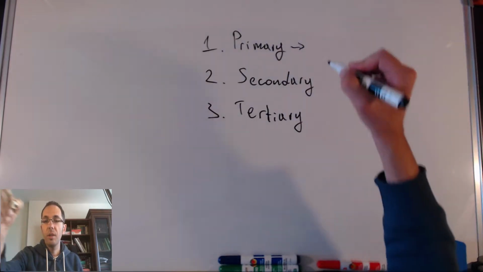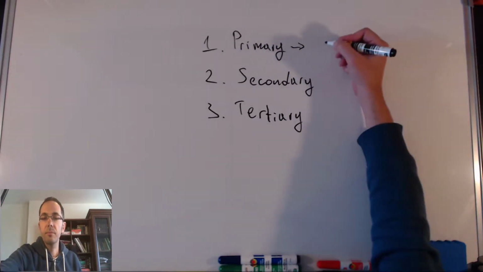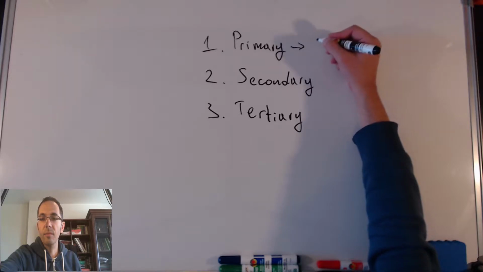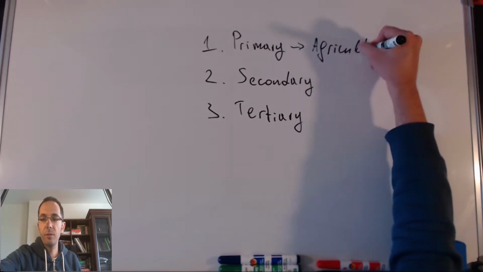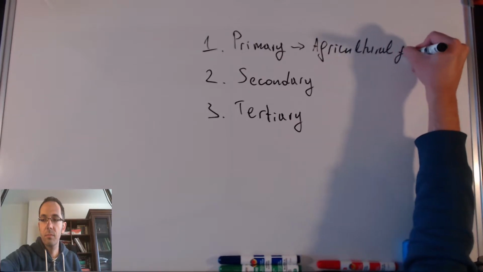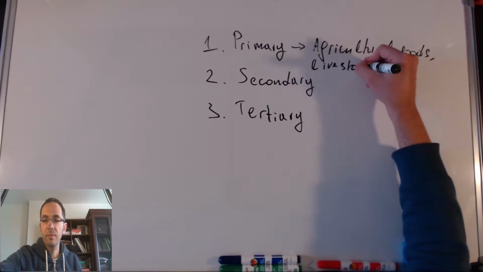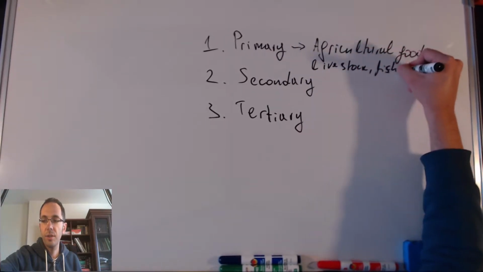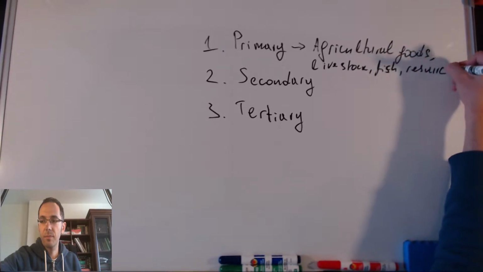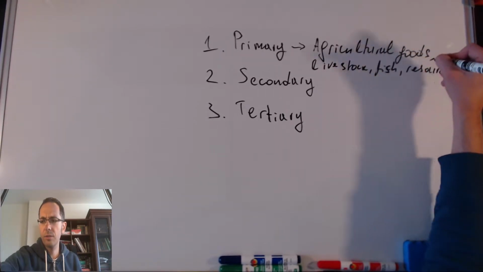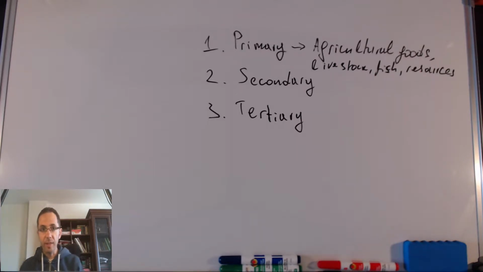So we can say agricultural goods, livestock, fish, resources. Okay, now the secondary commodities are those products which require to undergo some kind of processing or manufacturing in order to be completed.